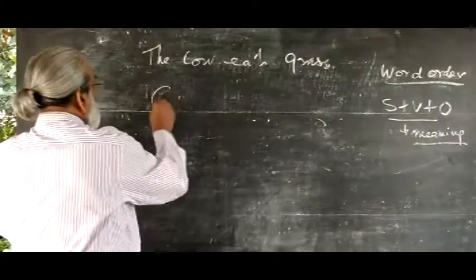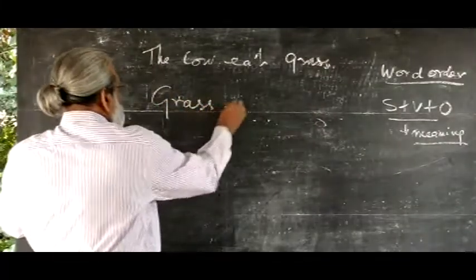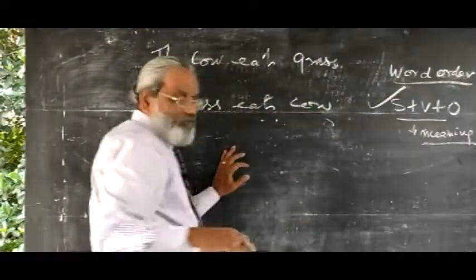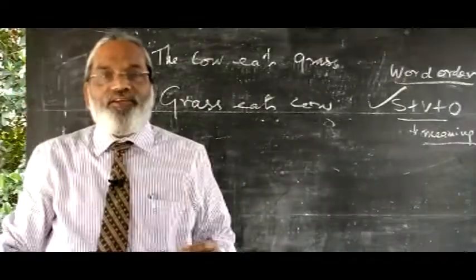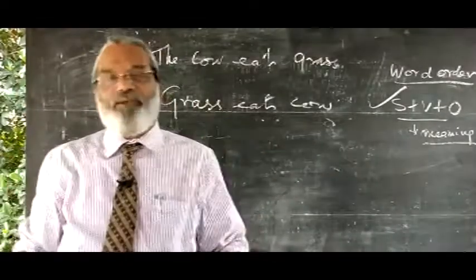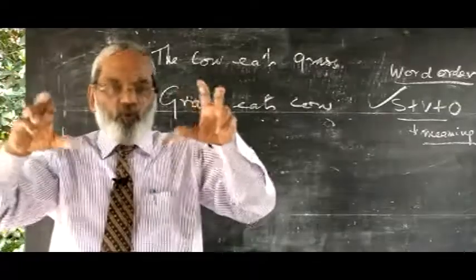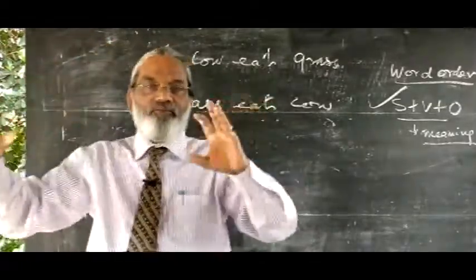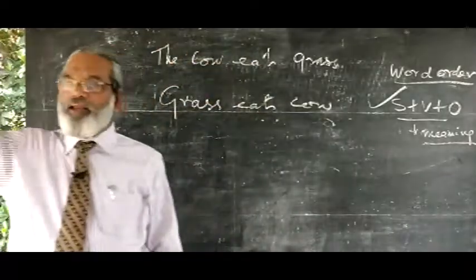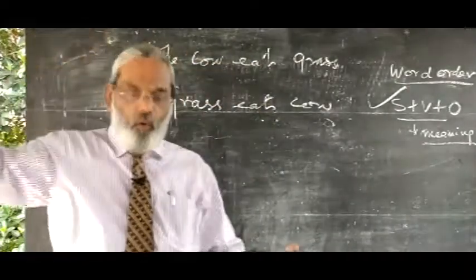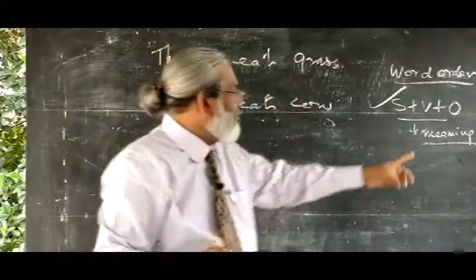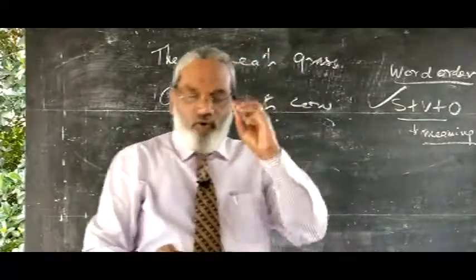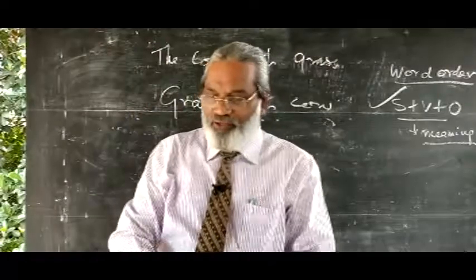Suppose you write grass eats cow. This order is correct, but the meaning part will go wrong. So once you organize a sentence, once you get certain jumbled words that you keep in the particular order, S, V, O, then check whether the semantic part, the meaning part, communicates the correct meaning.